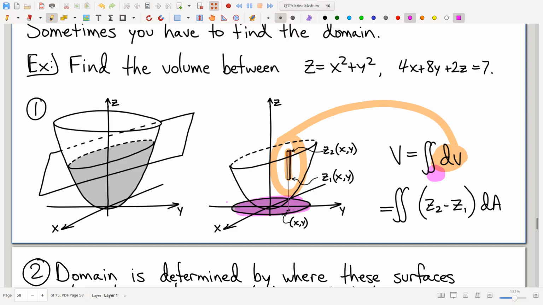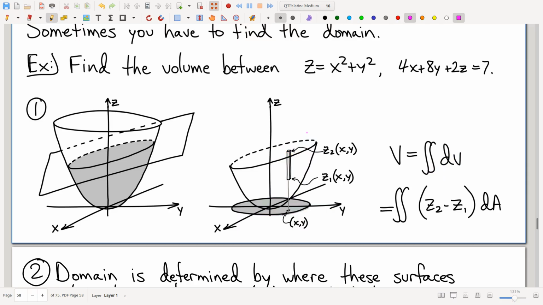You chop up this shadow into a bunch of little pieces. Over each piece is a certain amount of volume, and the whole total volume is the sum of those individual volumes. The grand total volume of French fries, right, is the sum of the volumes of the individual French fries. Okay, so that part's no big deal.